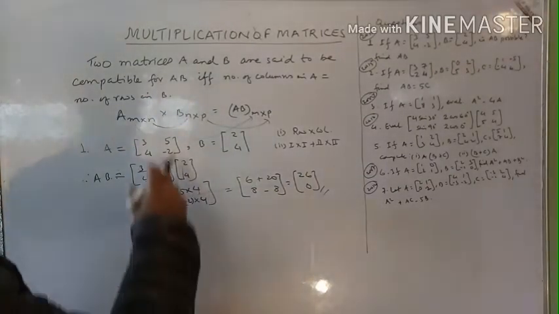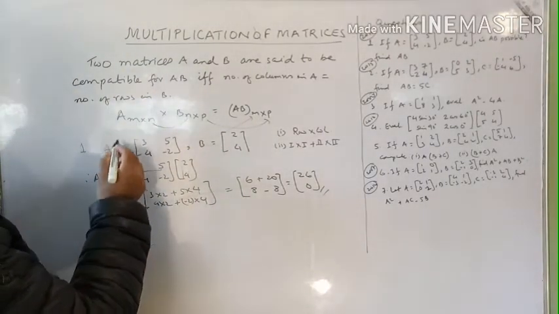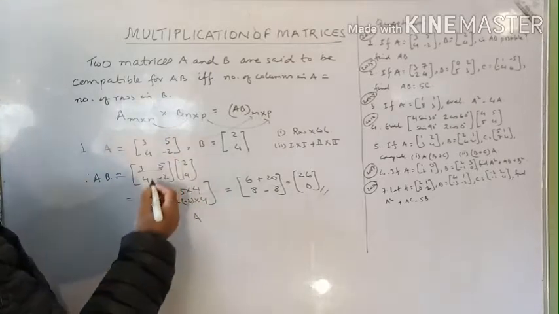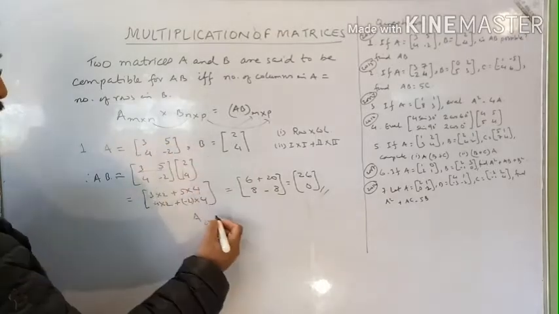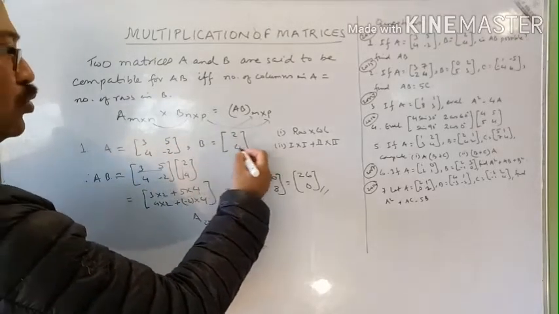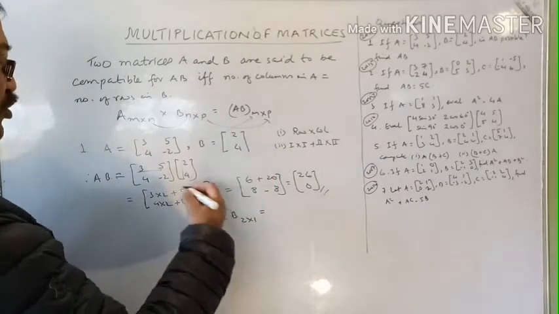Now, if you see this one. This matrix A has order 2 by 2. It has 2 rows and 2 columns. B has 2 rows and 1 column, that is 2 by 1. Now let's see the product.